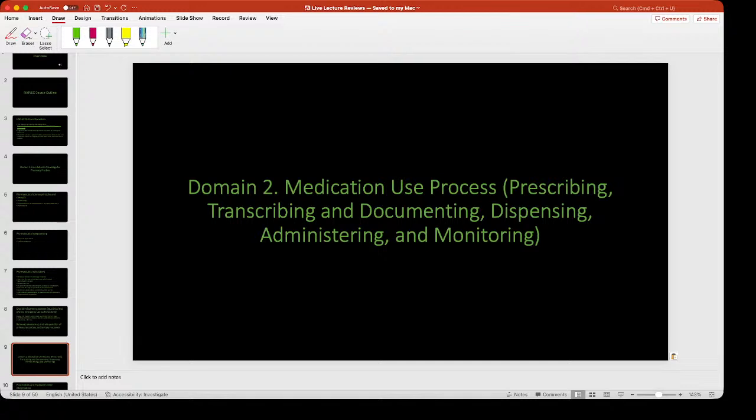Counseling patient on medication prior to dispensing, especially when they have allergy to a medication that's in the same class or in a similar category as the medication the patient's taking. You want to be very careful with that.